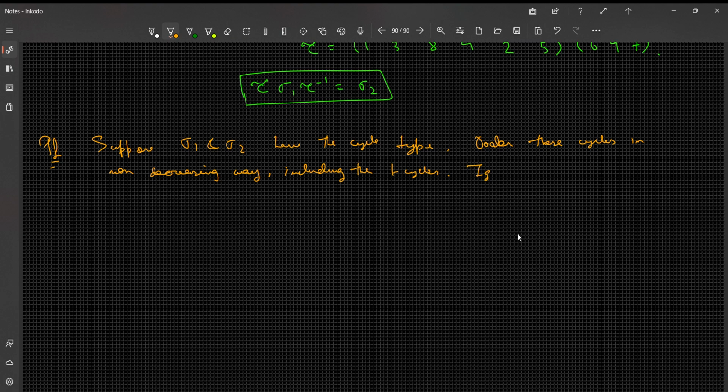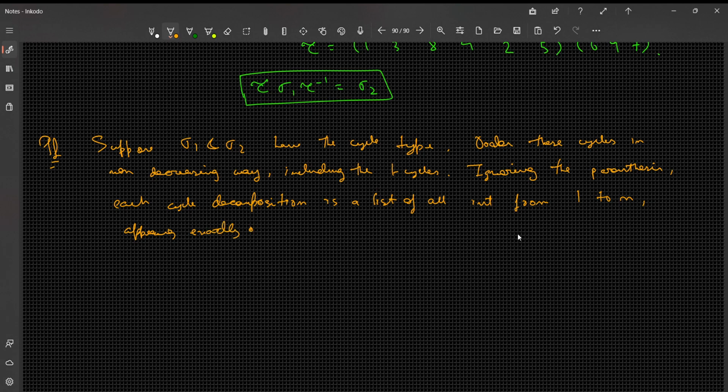Ignoring the parentheses, each cycle decomposition is a list of all integers from 1 to n, appearing exactly once, right?